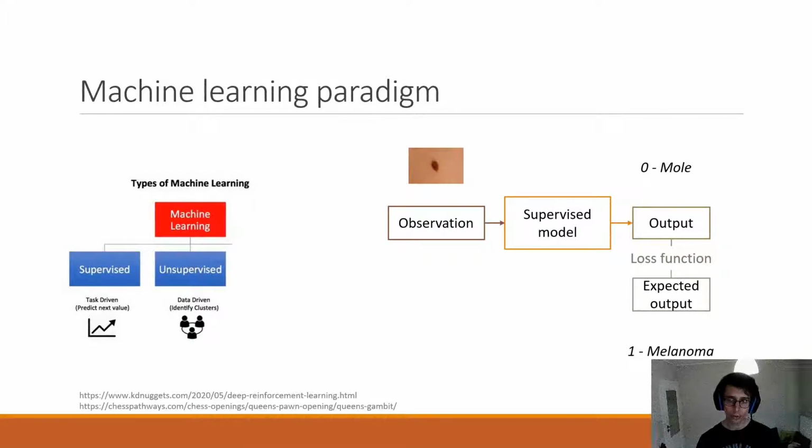There are two main families of machine learning algorithms, the supervised and unsupervised. The supervised is one of the most common. It can be viewed as a new paradigm of programming of sorts.